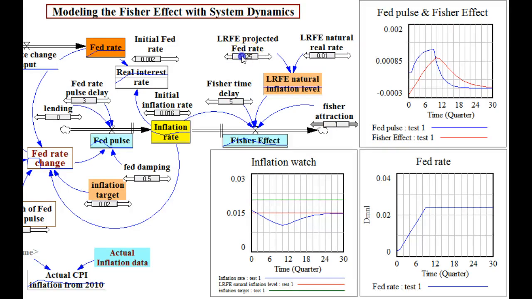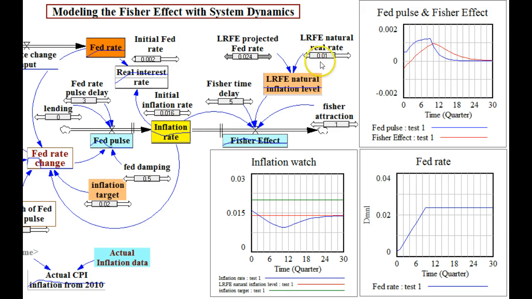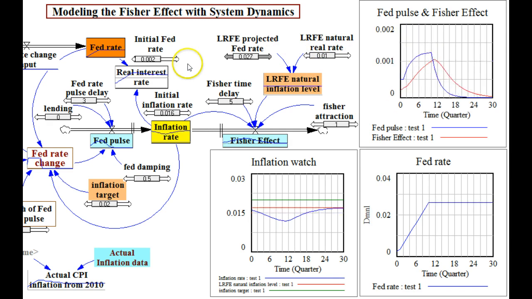So the Fed, considering the natural real rate of 1% up here, would have to project a higher Fed rate, say 3% at full employment. If they can project a 3% Fed rate, then with the Fisher effect, you'll see that inflation still will fall, but not quite as much as before. It won't go down to 1%. It'll just stay right around 1.5% as the Fed is raising their Fed rate.